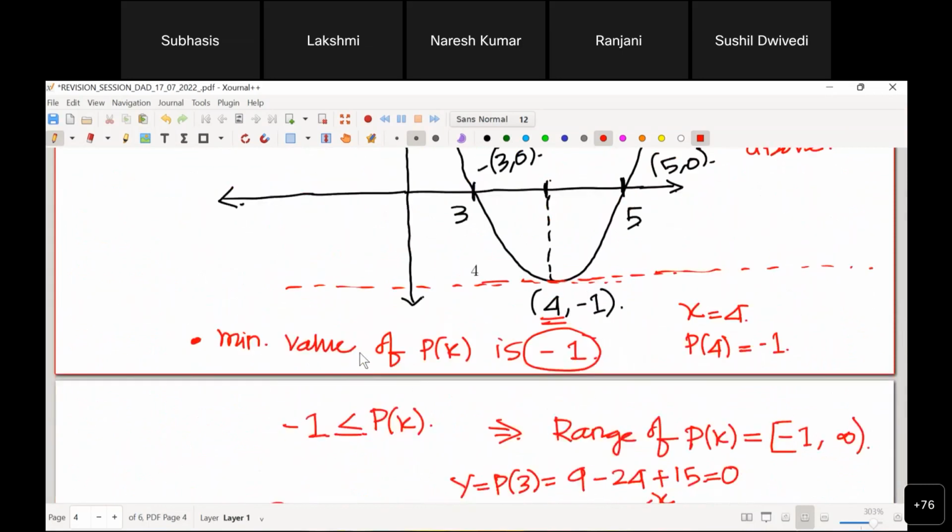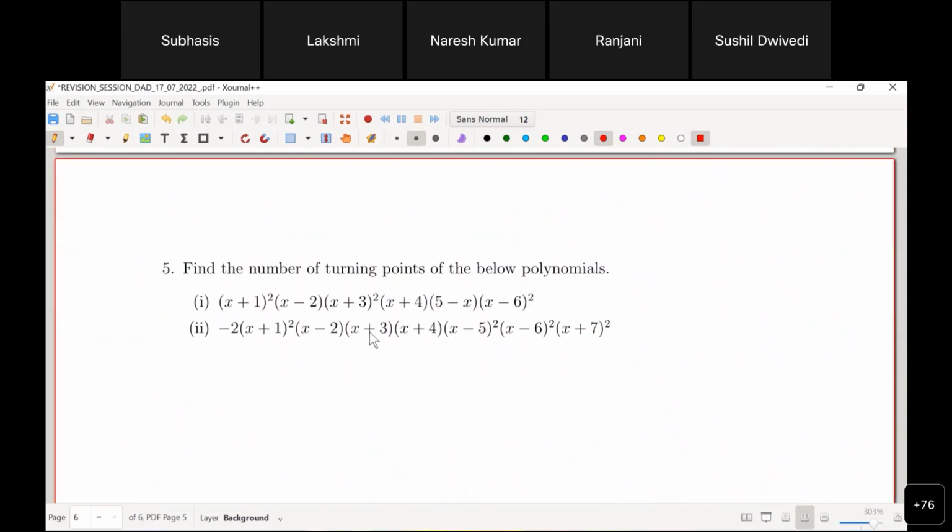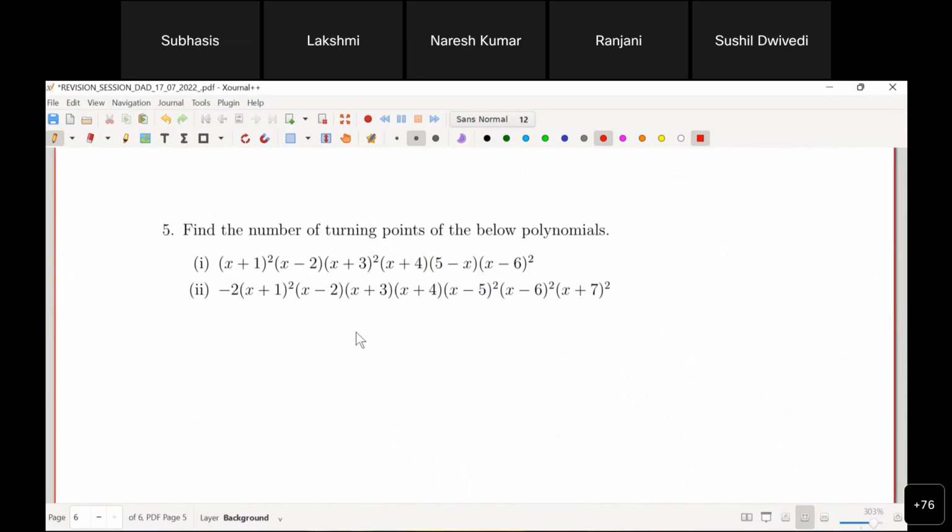So the next thing, probably the last thing I'm going to discuss: if you have a polynomial, how can we compute the number of turning points of the below polynomial? Can one of you take maybe 2-3 minutes to solve this question number 1, and after that give me the answer.